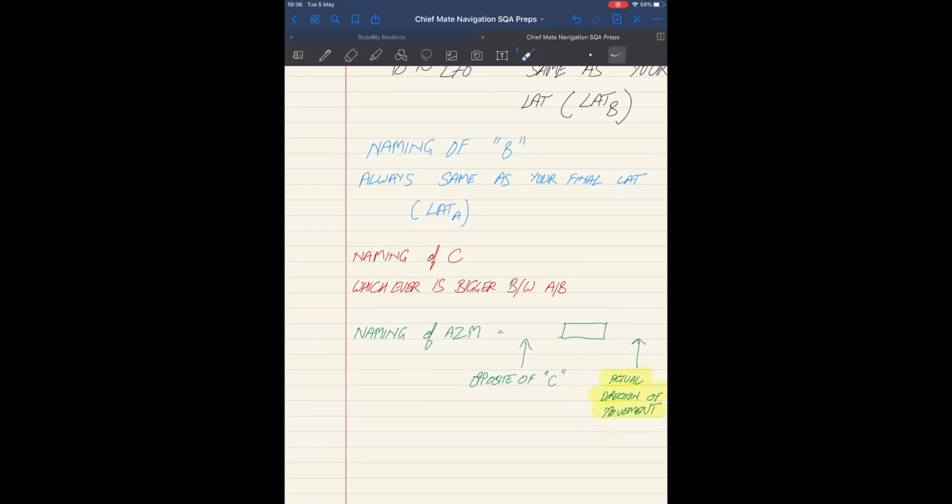So this was about how to find out our initial course, our final course, and the distance. Do you have any doubts with respect to this, Segan? Segan, are you clear up till this?